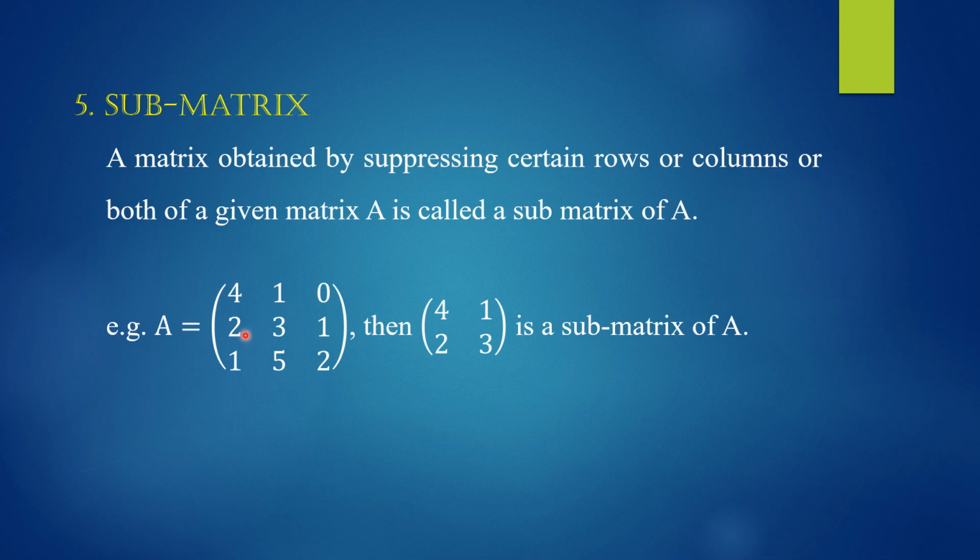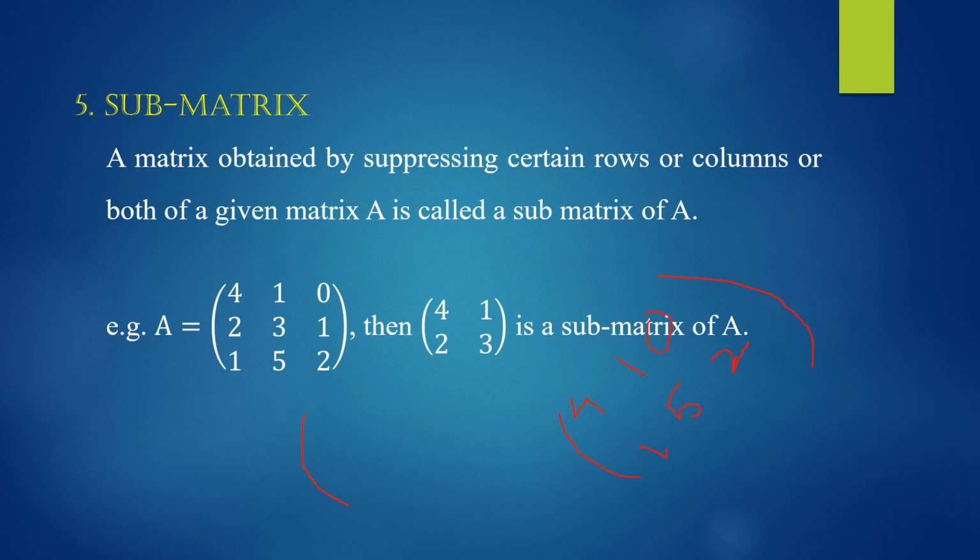If you eliminate say second row, only second row, so the new matrix will be what? The new matrix will be like this one. After eliminating this second row, the new matrix will be 4, then 1, then 0, then 1, then 5, and then 2. This will be the new matrix after eliminating the second row. Similarly, you may also eliminate the first column. In that case, what is your matrix?